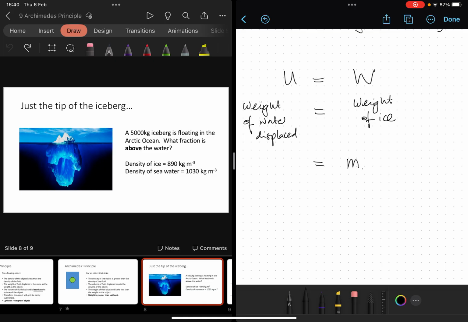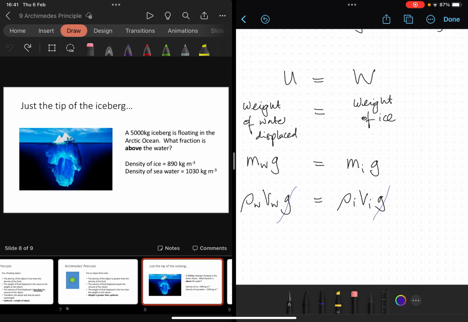The weight of the ice is its mass multiplied by g, and the weight of the water that we displace is its mass multiplied by g. Mass is density multiplied by volume. So the mass of the water is its density multiplied by its volume multiplied by g. And the mass of the ice is its density multiplied by its volume multiplied by g. So we can get rid of the g's.